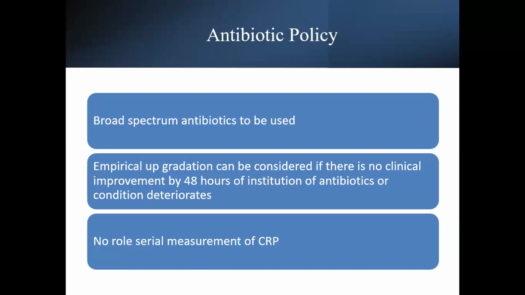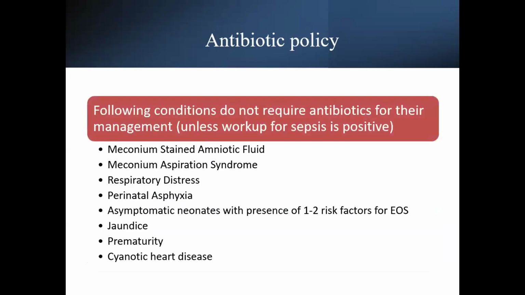There is increased effort requirement, and an increase in the secretions. The texture of the secretions has changed, and the baby is going into DIC. If the baby is deteriorating rapidly, then you can consider upgradation earlier also. So no role of serial measurement of CRP.